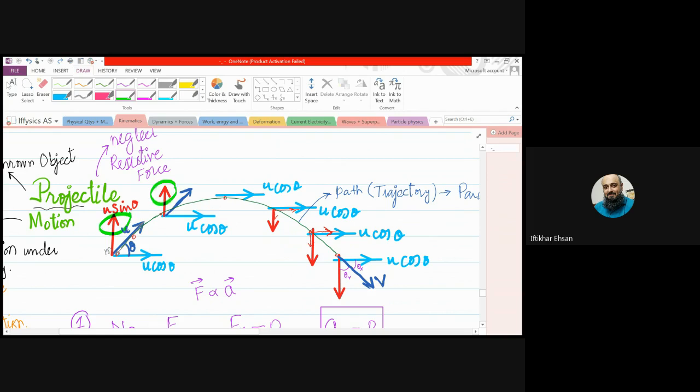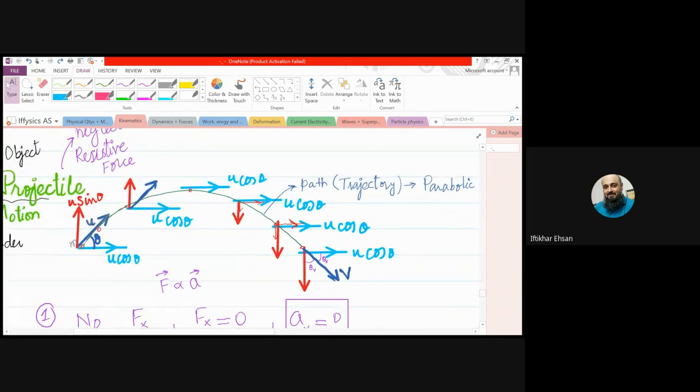And at the highest position, the vertical component was completely zero. Can you see how the direction has become 100% horizontal? Isn't it, Shamas? So this point is going to come in the derivation we are going to do.